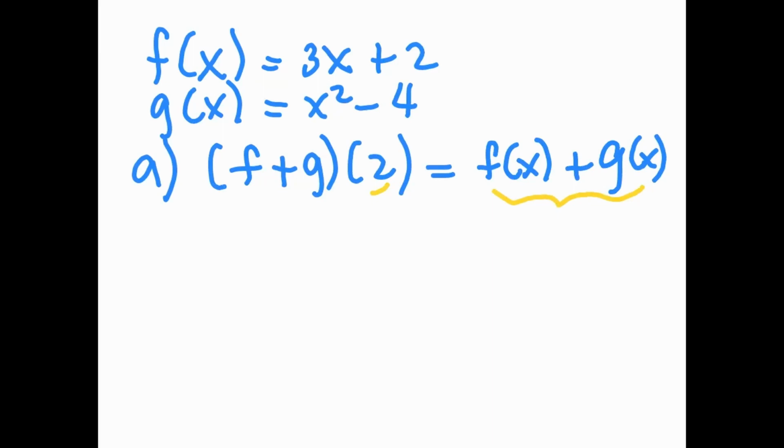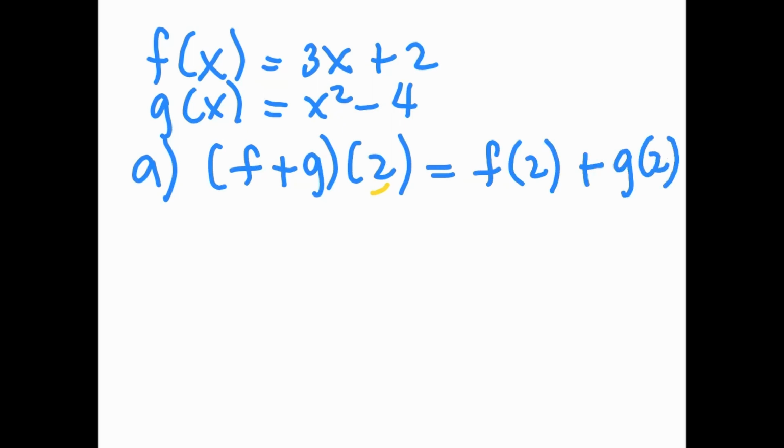Or another procedure is, we can first evaluate the functions f of x and g of x separately at x equals 2, then combine them by adding to get the sum. That is, you can have f of 2 added to g of 2. Now, let's show first this second procedure.